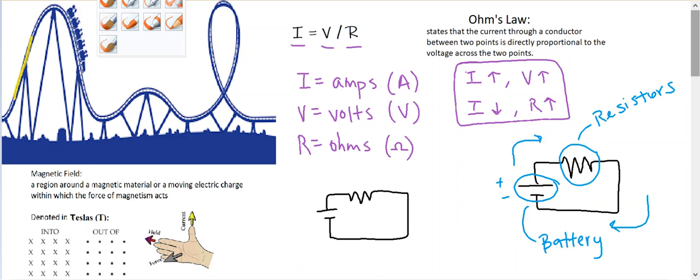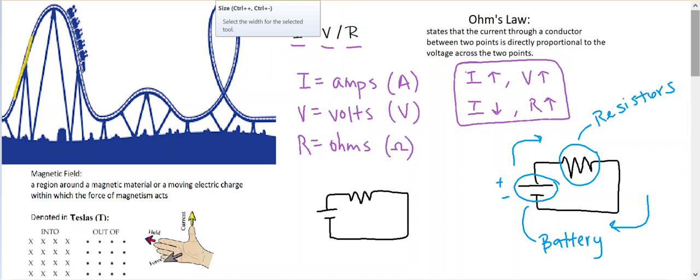Okay, so if we think about a roller coaster, the track itself is a lot like the wire itself in a circuit, right? And current is basically a bunch of little charged particles flowing all in the same direction. So in this instance, the people are the current.